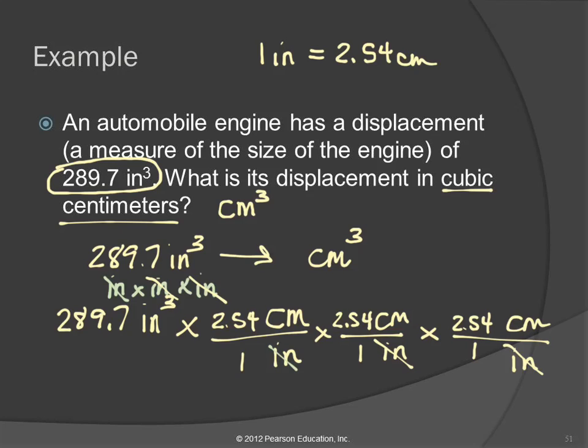So on our calculators, we're doing 289.7 times 2.54 times 2.54 times 2.54 equals, and the calculator is showing me 4747.332441 cubic centimeters.